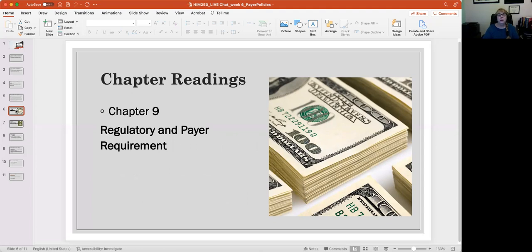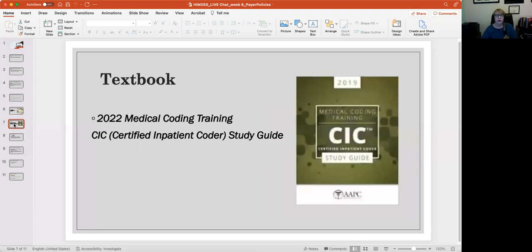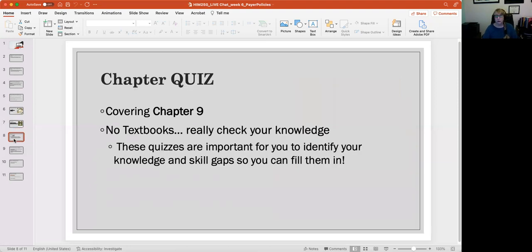All right. You're going to read chapter 9, regulatory and payer requirements. Again, this chapter may not fully align with medical coding and what you need to know. So make sure you also read chapter 39 in your Let's Code It book. Okay. All right. You're using the 2022 Medical Coding Training CIC Certified Inpatient Coder Study Guide. And chapter 9, really don't use Let's Code It. Don't use the CIC Study Guide.